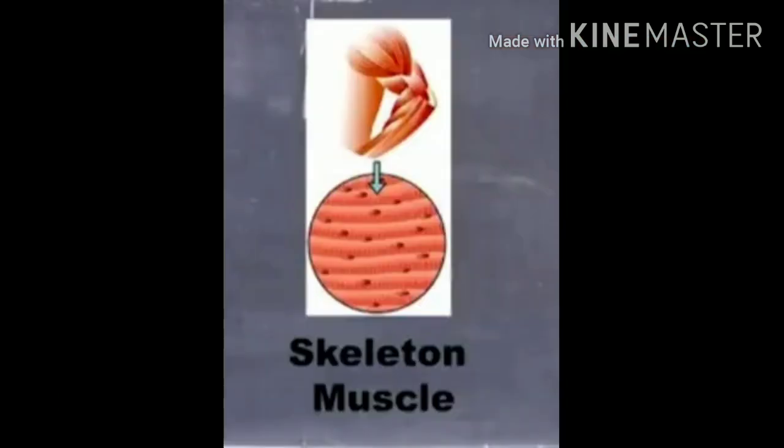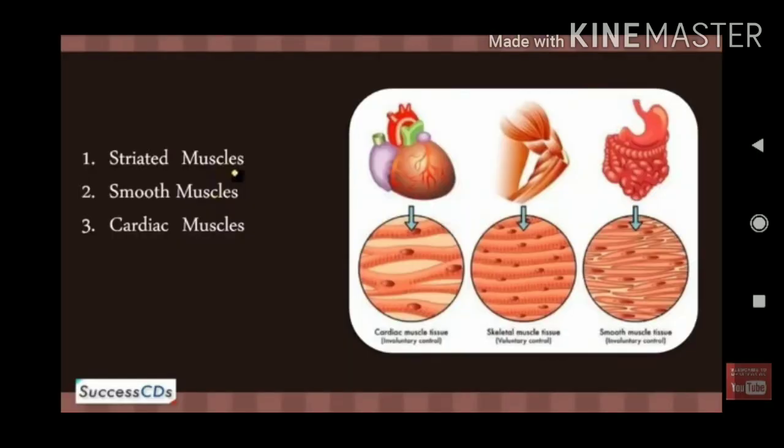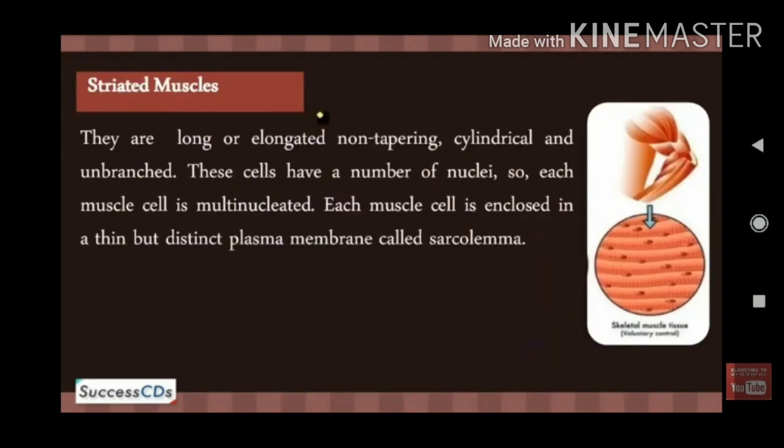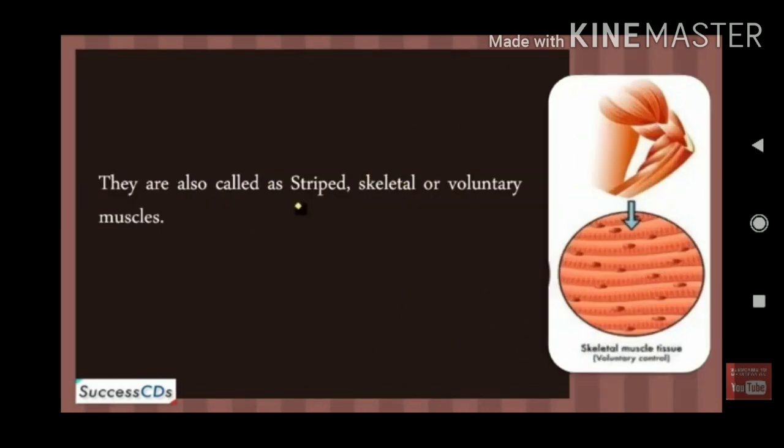The whole body is framed by bones, and the bones only give structure to our body. The bones are connected by these muscles, which help in locomotion. These muscles work under our control, so they get the name voluntary muscles.